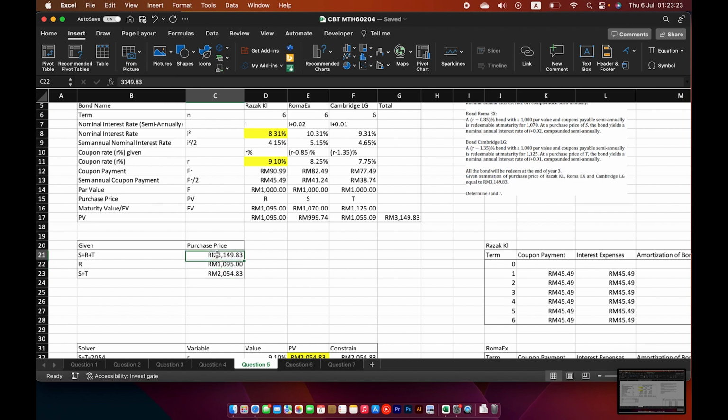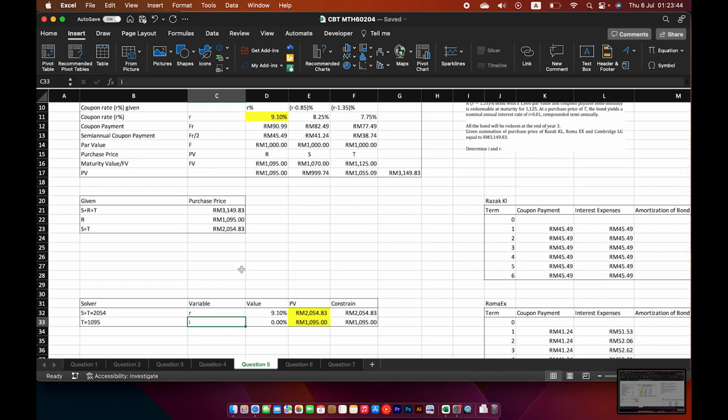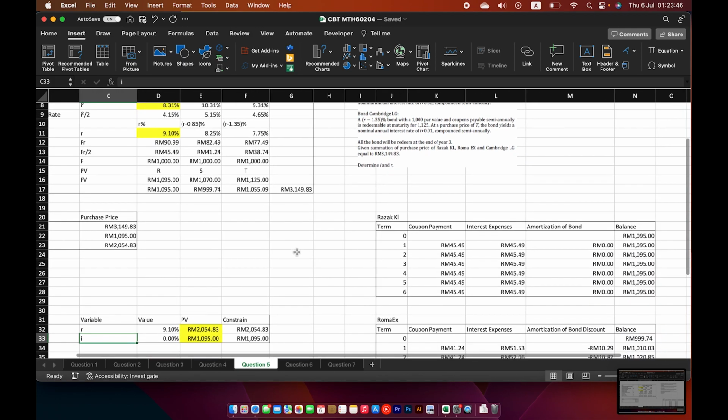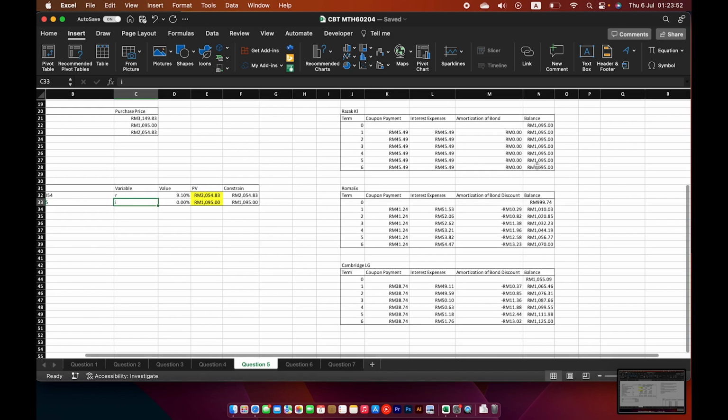We use the formula in Excel here: C21 minus C22, that means 3000-something minus 1000-something, and we get the summation of S plus T. The variables we are going to find are R and I. The amortization schedule here is used to check if our PV and our FV, future value, are correct.